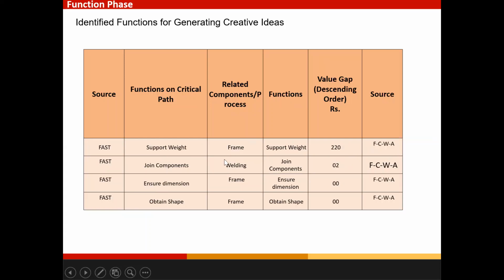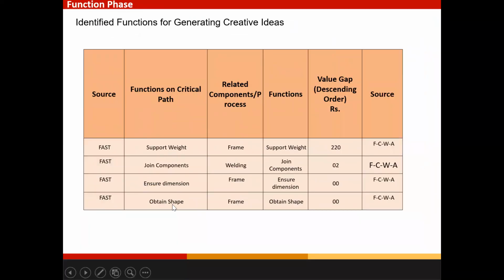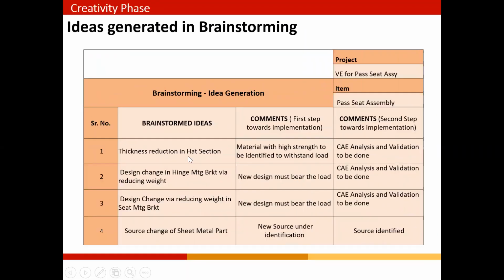What they have further derived is that they went for a brainstorming session only for these things, for the particular weight: how they can reduce the weight, or how they can support the weight by various means.